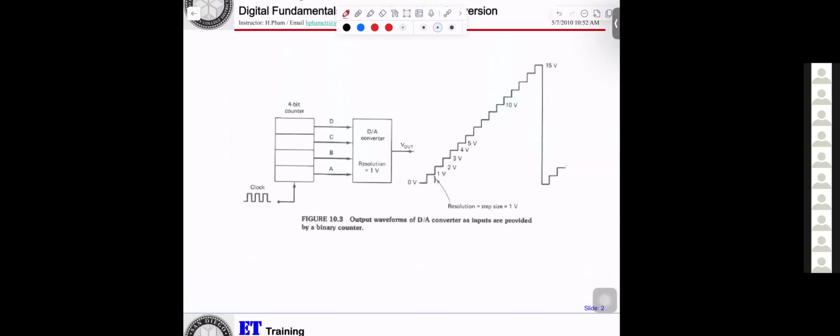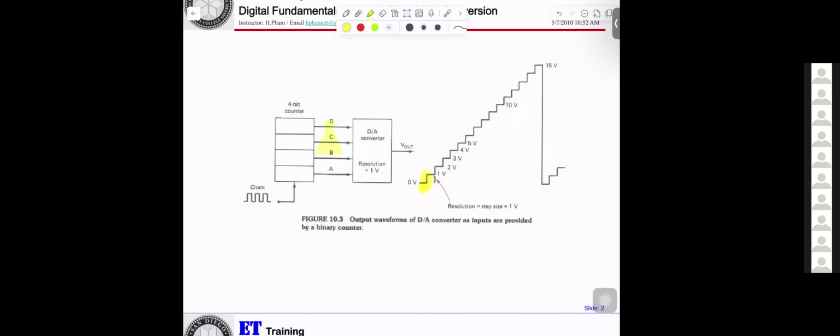Yeah, it's represented by the bit, but you have to understand the basics here. You get a 4 bit. How many steps do you get? 2 to the 4, 16, but it's not steps.